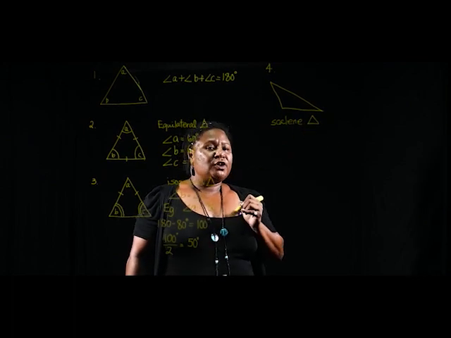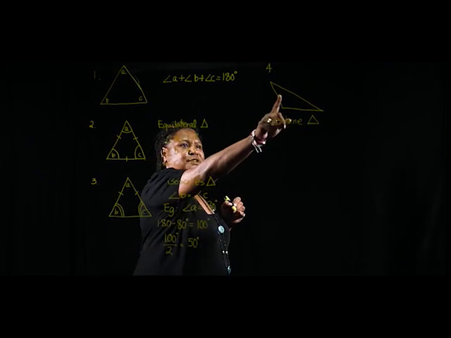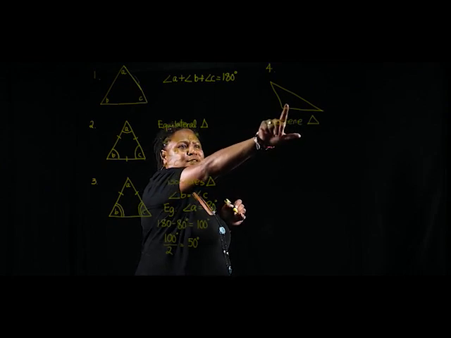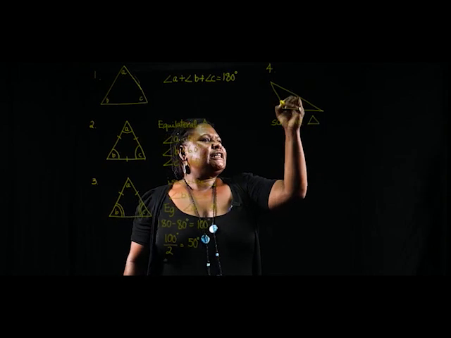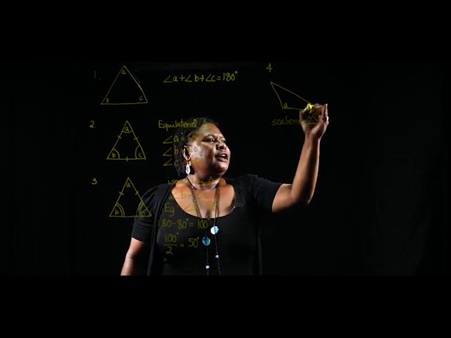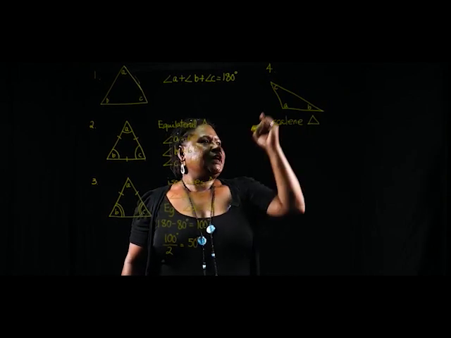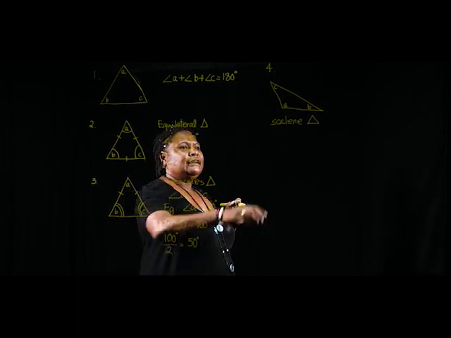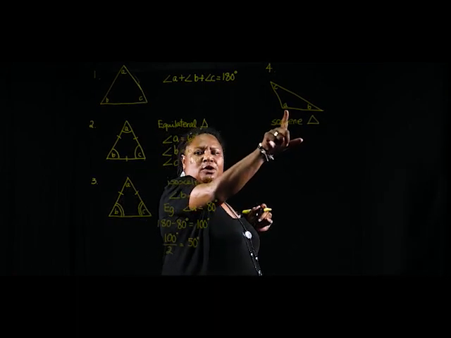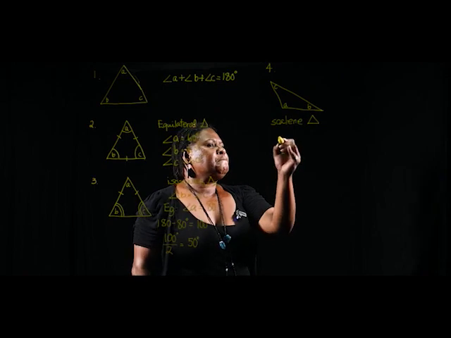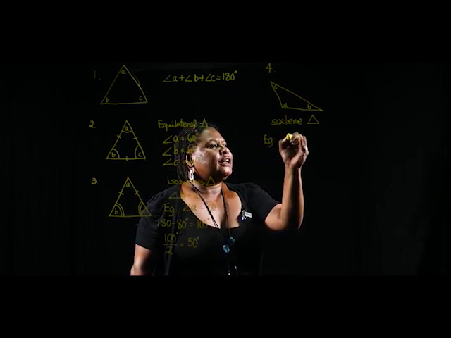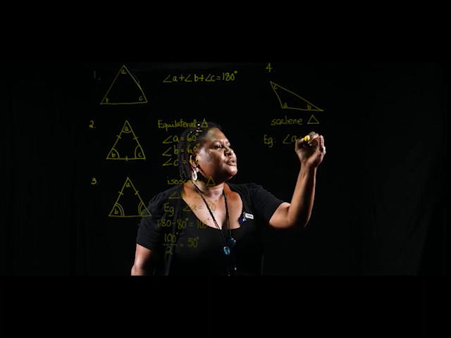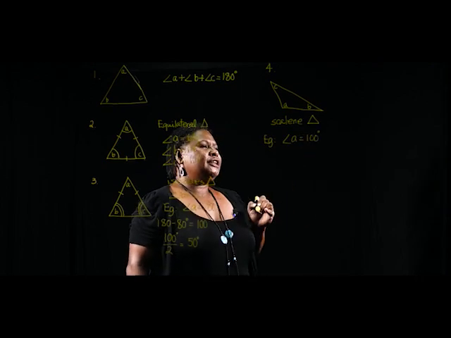We can also call this triangle an obtuse angle triangle because it has one obtuse angle here. Okay? So let's say this is angle A, angle B, and angle C. All right? This obtuse angle here, let's say that obtuse angle is equal to 100 degrees.